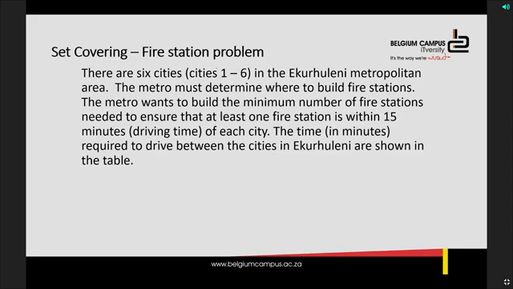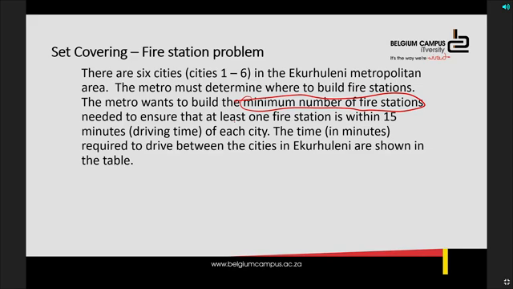So there are 6 cities, cities 1 to 6, whether they have names or not. Then the Metro must determine where to build fire stations. The Metro wants to build the minimum number of fire stations. So that already hints towards my objective: to find the minimum number of fire stations. So somehow I need to either count them up or sum them together.